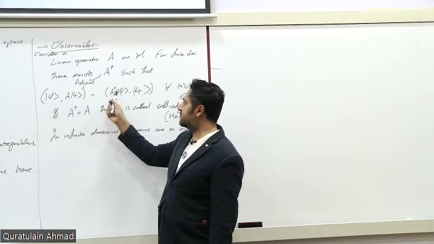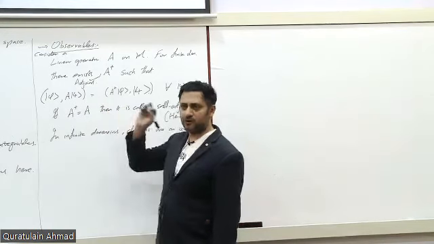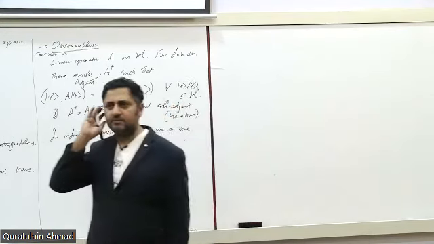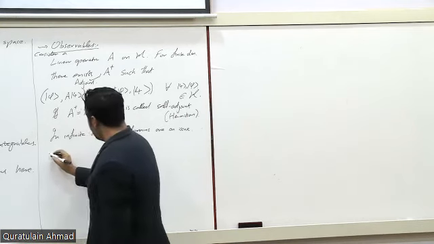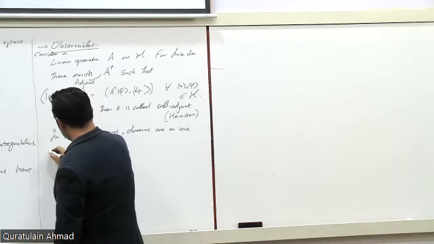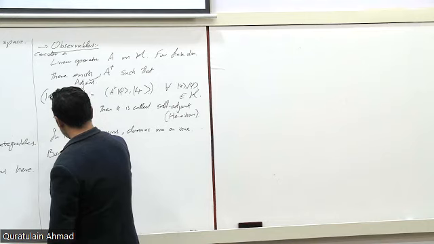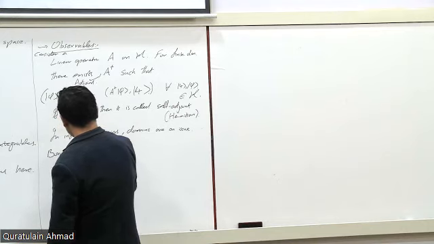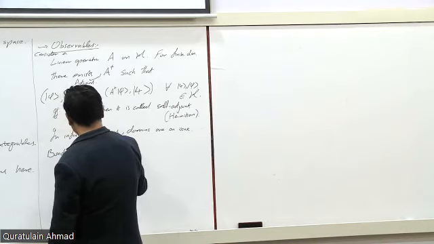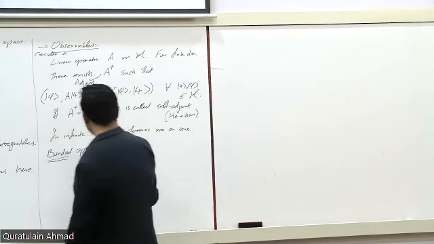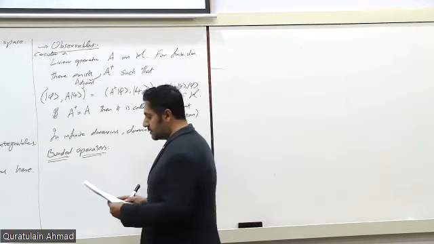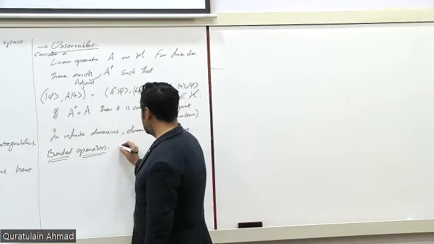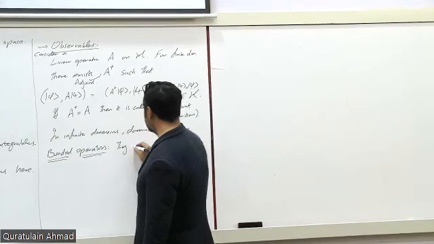You may have an A dagger which works on some of those, but not all. And the domain may be different. The domain of A and domain of A dagger may be different. However, there are certain kinds of operators, bounded operators. They have adjoints.